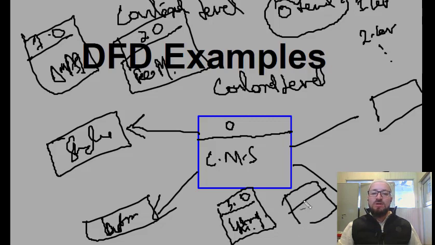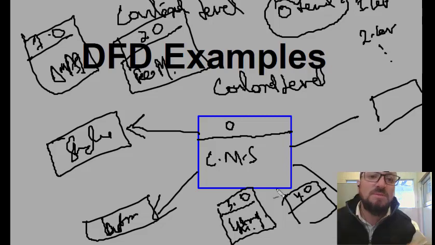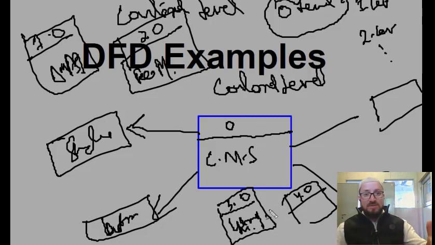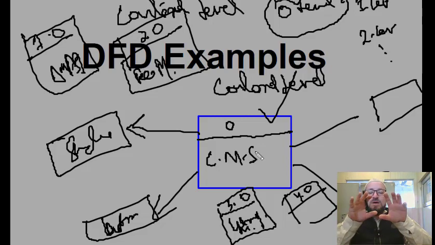They will be numbered 4.0, 5.0. So it will list out all the processes happening in my overall college, the college management system. So the context level gives you the overall process.